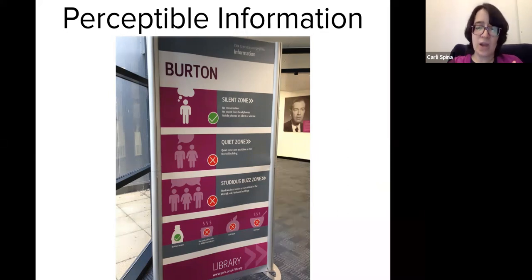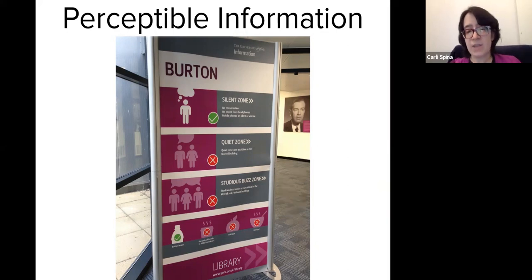And then they also have the check mark, which both represents positive or negative as a check mark or an X, but also with the green and red color. That one is particularly an important element of the sign because too often people represent yes or no or good and bad with just red and green. But of course, for somebody who might be colorblind, that's going to present an issue.